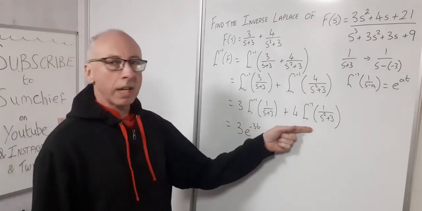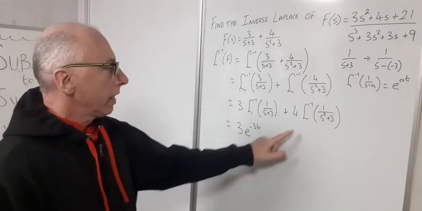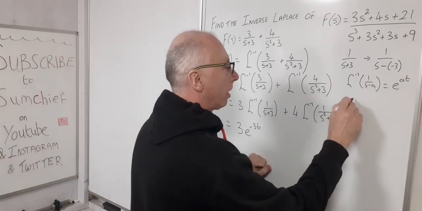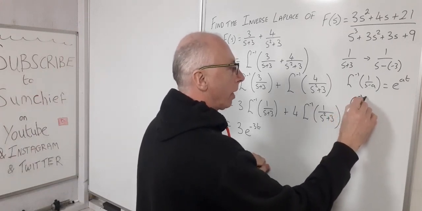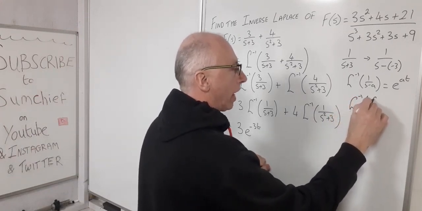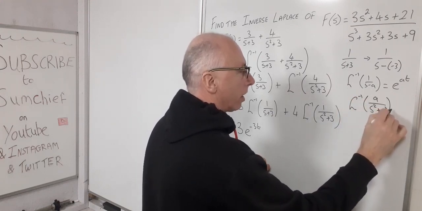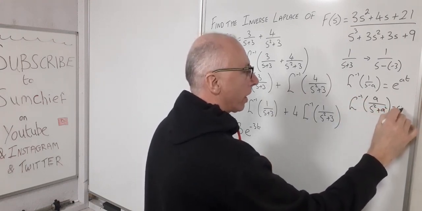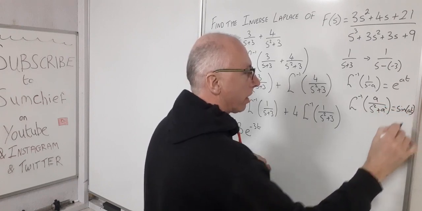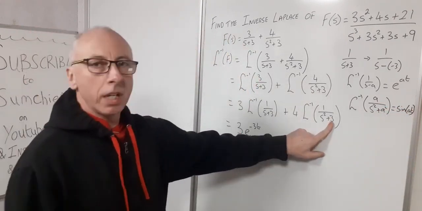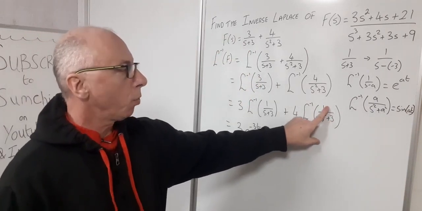Now what we want to do is have a look at this one. With an s squared plus sign here, what we're looking for is the inverse Laplace of a over s squared plus a squared, that equals sine of at. Now here we've got a 3, here we've just got a 1.